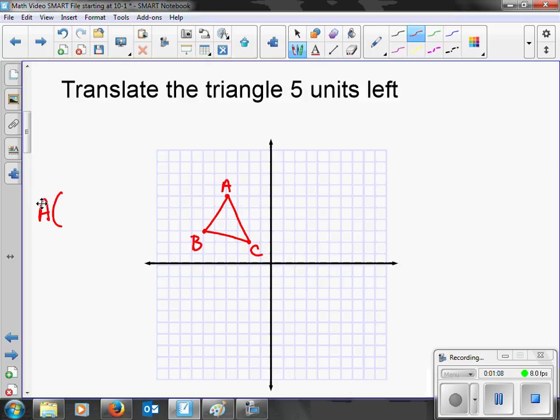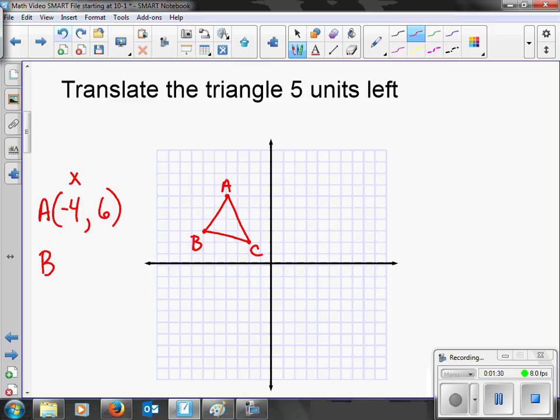So if I count over 1, 2, 3, okay, A is -4 spaces in the x direction. Remember, x is always first. And then y, how many spaces up? 1, 2, 3, 4, 5, 6 spaces up. So it's +6.